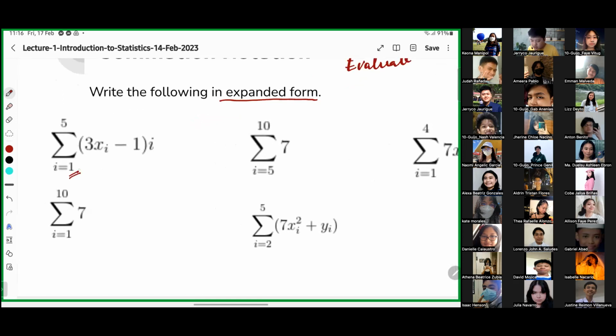Ito yung lower limit, tapos hanggang 5, upper limit. Ano ang term natin dyan? Anong turo sa atin ni Sir Alexi sa summation notation? Anong tawag dito sa I?